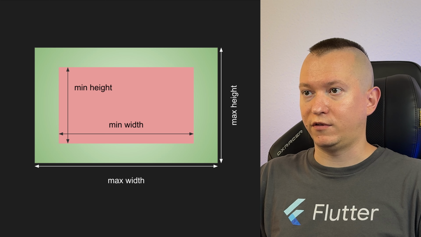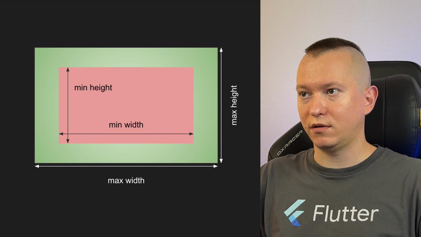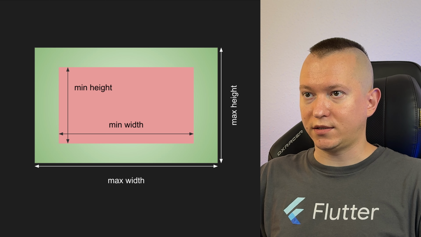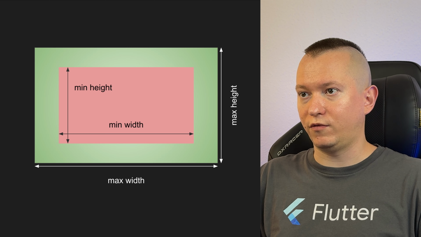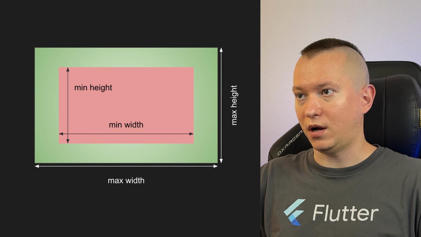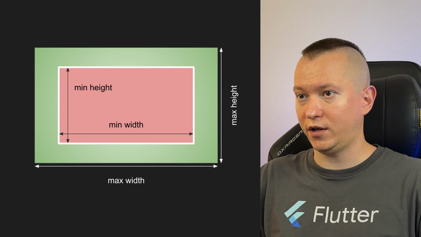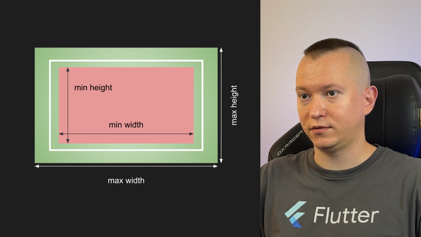The child receives these constraints and chooses a size that fits within them. In other words, it picks a size from the intersection of those two rectangles, maximum and minimum. The size is also a rectangle, like this, or this.